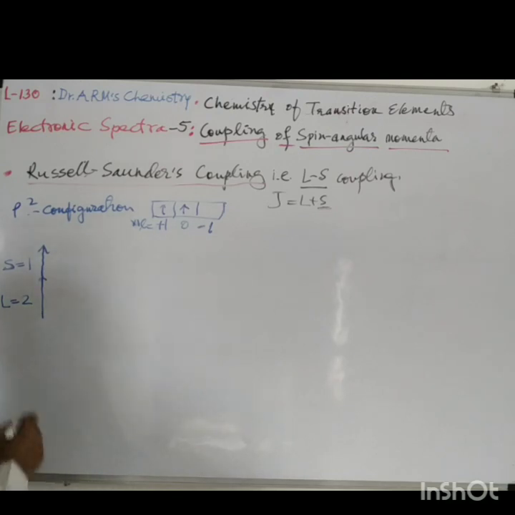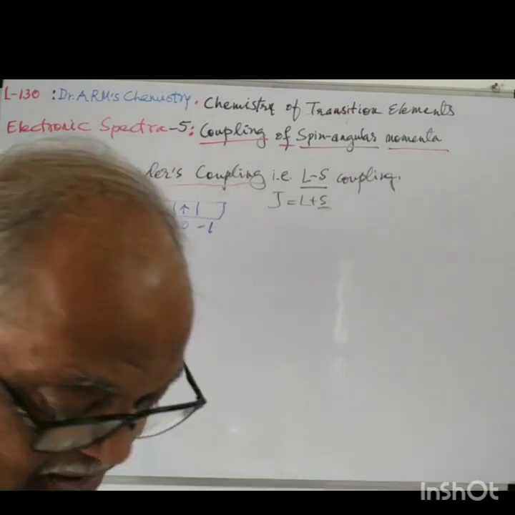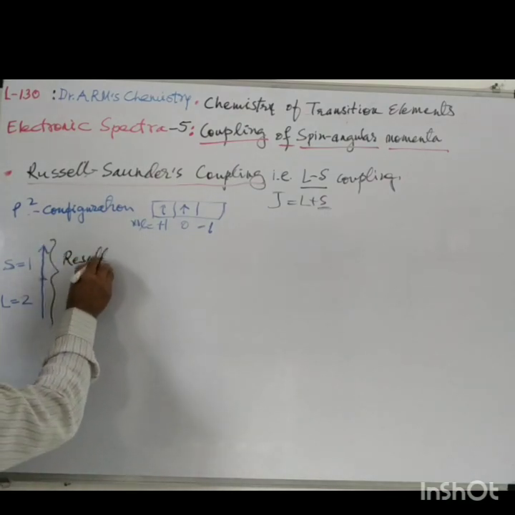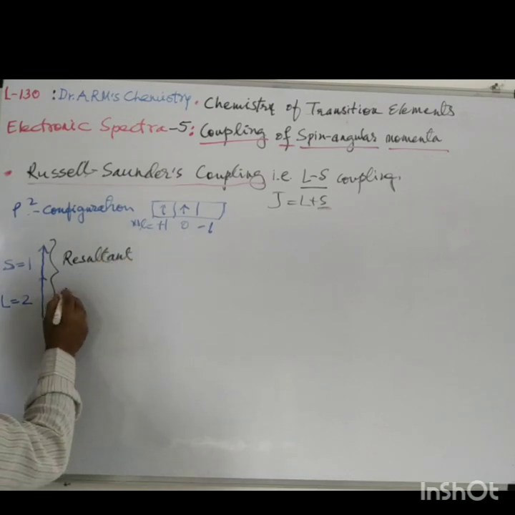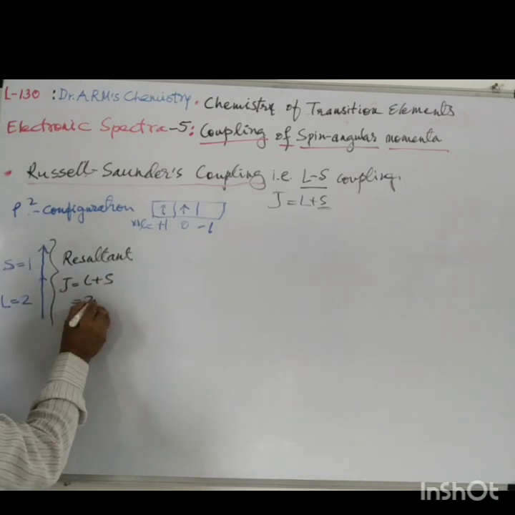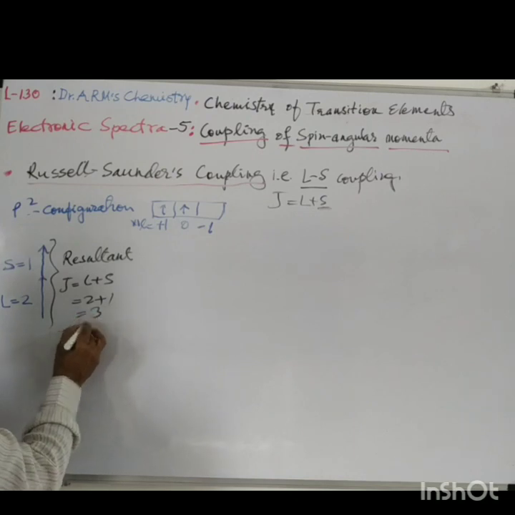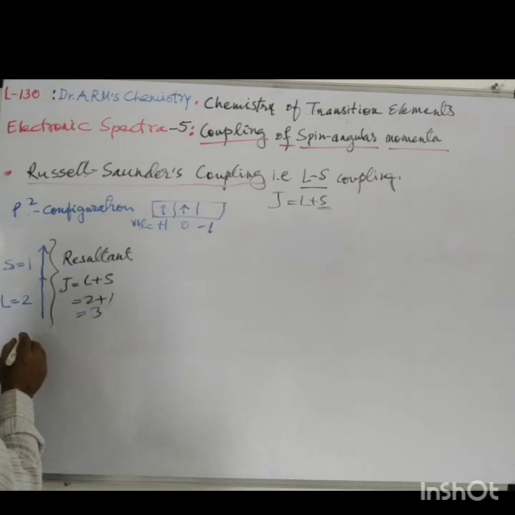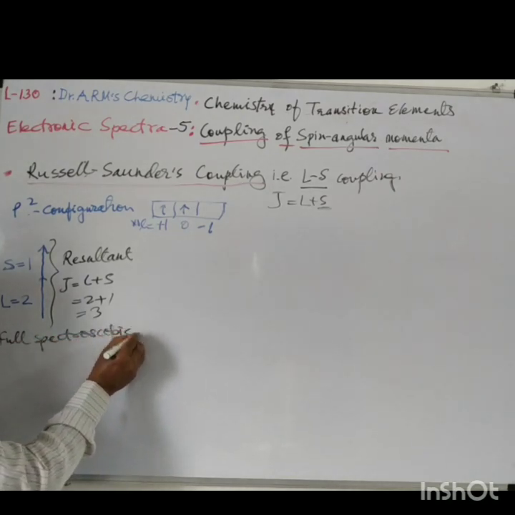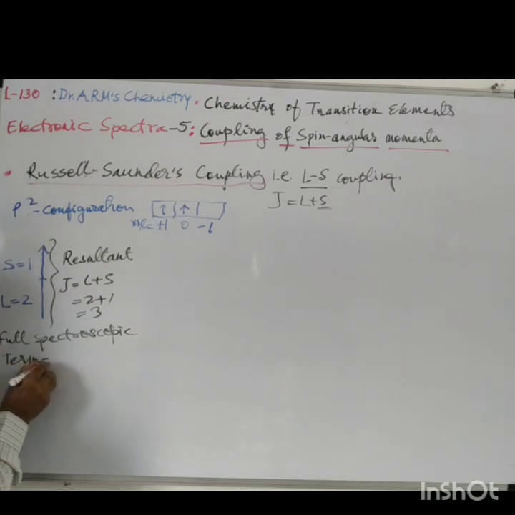And from this we can get the resultant, that is J equal to L plus S, and here L is 2, S is 1, so we get 3. If we want to show the full spectroscopic term, it is derived from the L value.